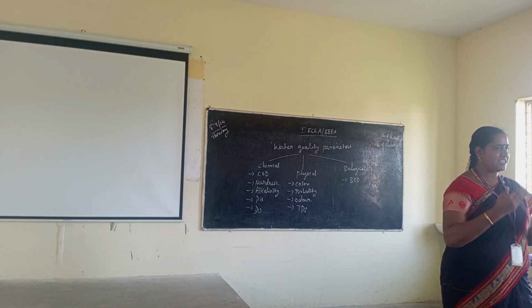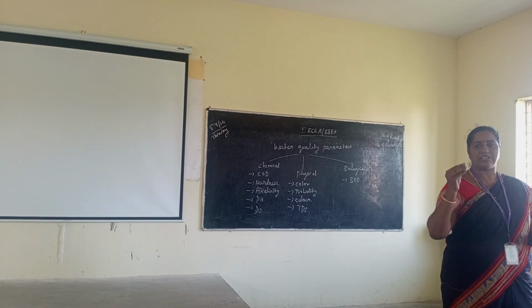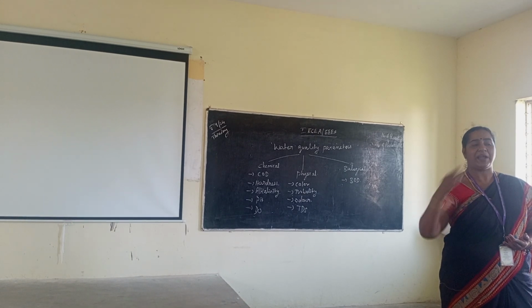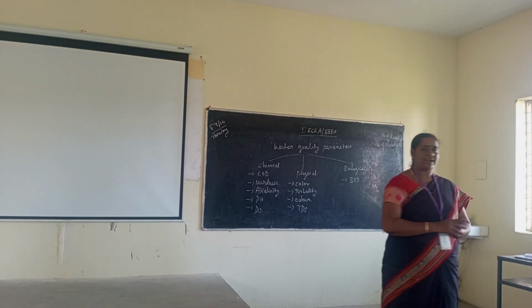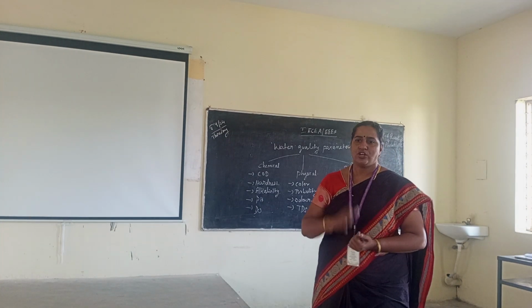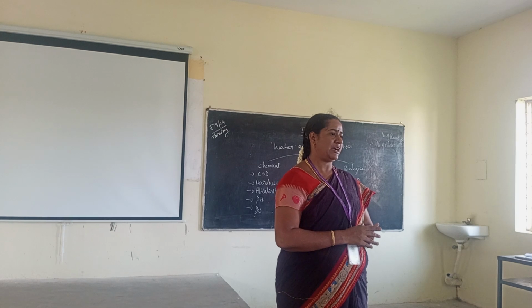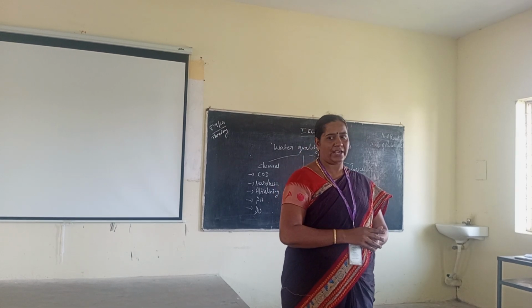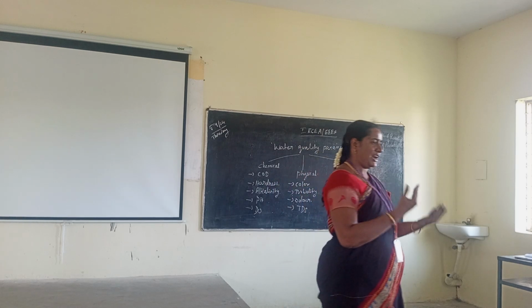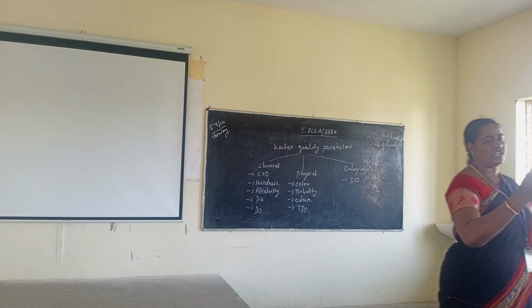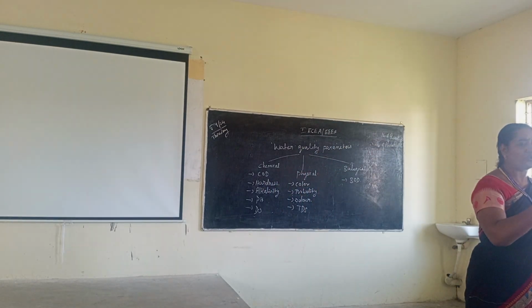So we can easily identify if some pollutants are mixing there by our eyes. That is called the color parameter. The color parameter is measured by true color unit. The acceptable permissible limit of the color parameter is 50 TCU. TCU means true color unit.